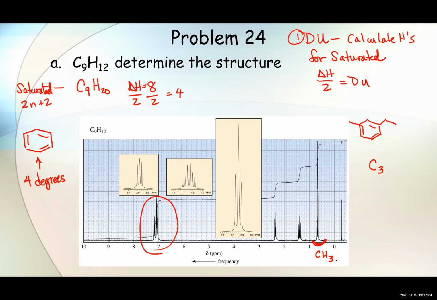And it's next to a carbon that has how many hydrogens on it, because it's a triplet? Bordering? Yeah. No. Dang it. No respect. I just incorporate anybody who walks in into the lecture. It's fine.